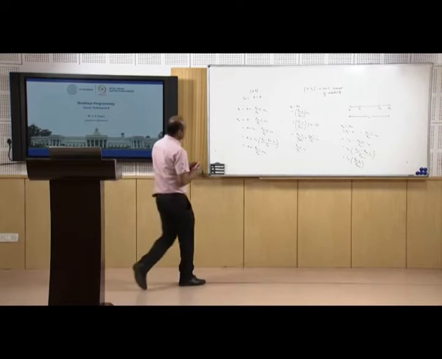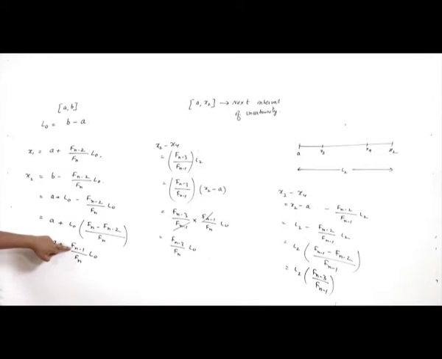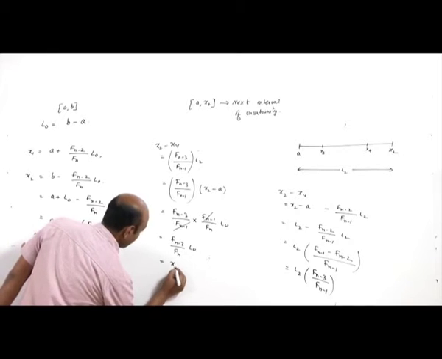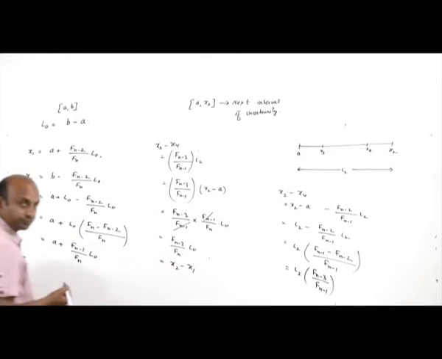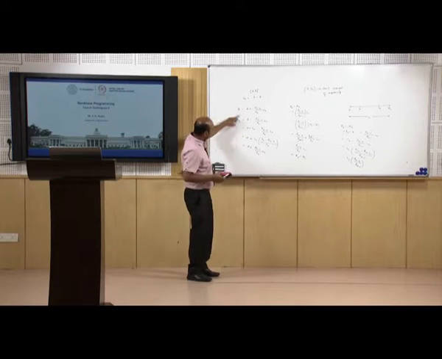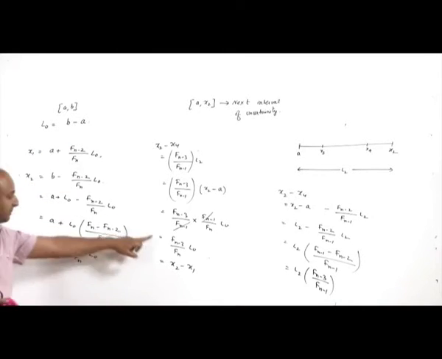If you find x2 minus x1 here, a cancels out and it is Fn minus 1 minus Fn minus 2, which is Fn minus 3 upon Fn into L naught. So, it is same as x2 minus x1, because by the Fibonacci series Fn minus 1 minus Fn minus 2 equals Fn minus 3.